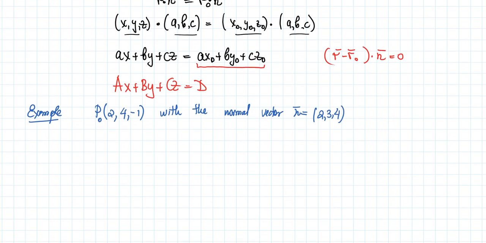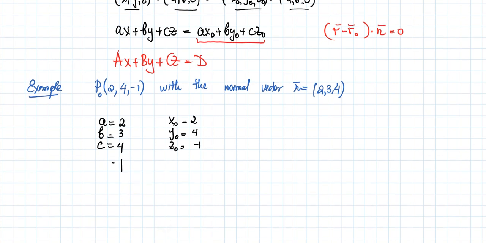You can just substitute everything into this formula, right? A, B, and C are 2, 3, and 4, the components of the normal vector. So what are x0, y0, and z0? 2, 4, minus 1, right?